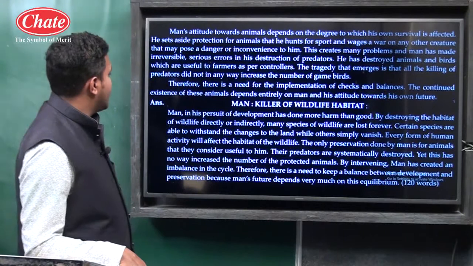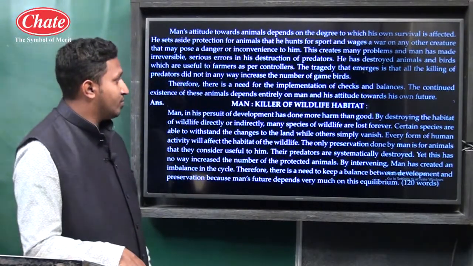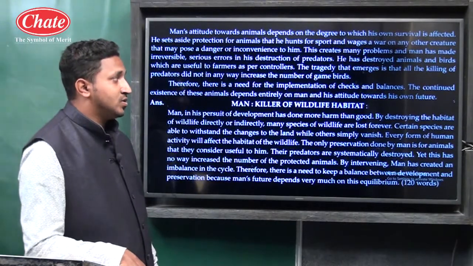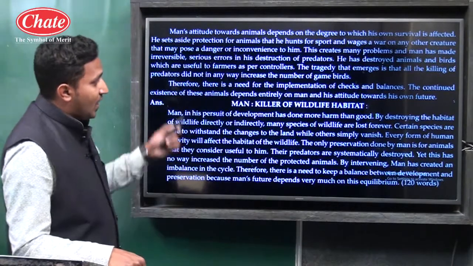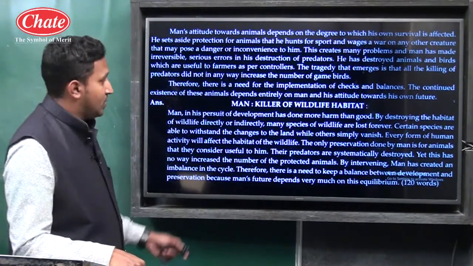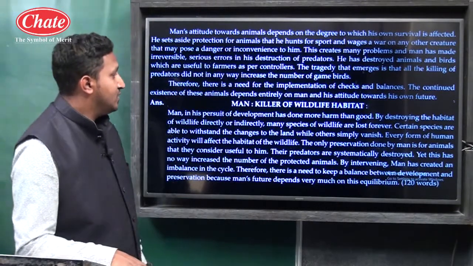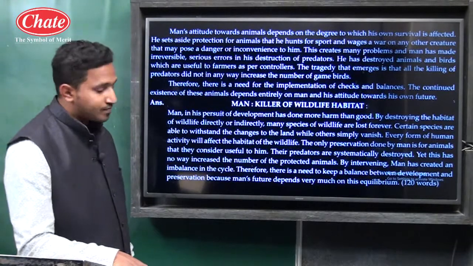The continued existence of these animals depends entirely on man and his attitude towards his own future. This is the passage here, and the summary of this passage is written here in short. So your title: Man, Killer of Wildlife Habitat.